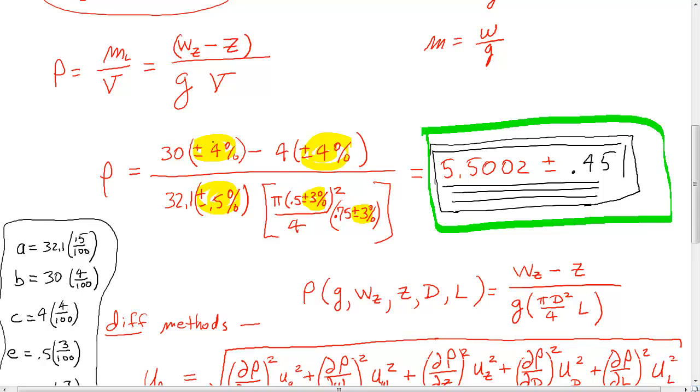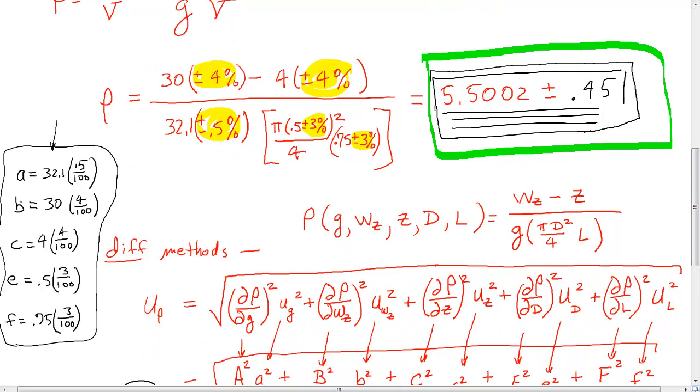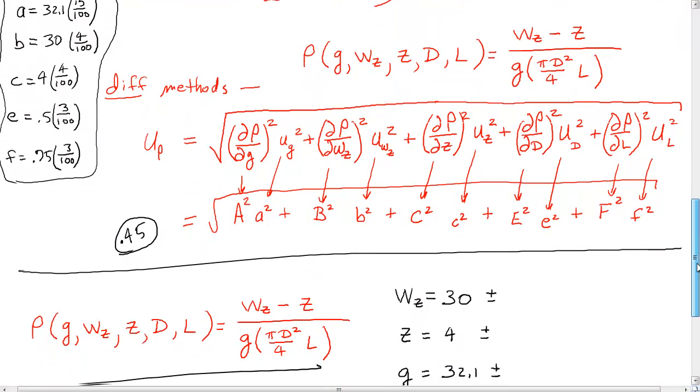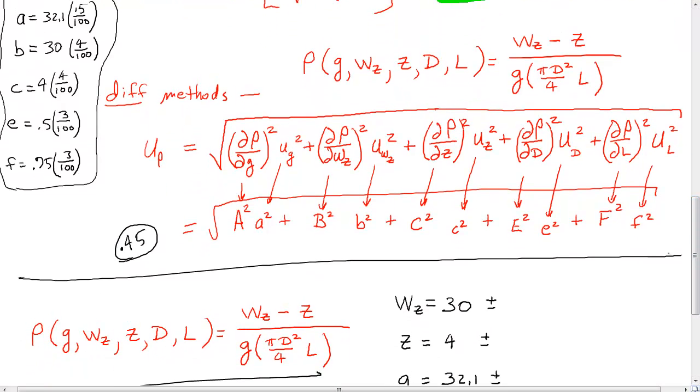It turns out that happens to be the A, B, C, E, and F. So if I'm looking at, for example, the WZ, it's 4% of that. Let me write these down.